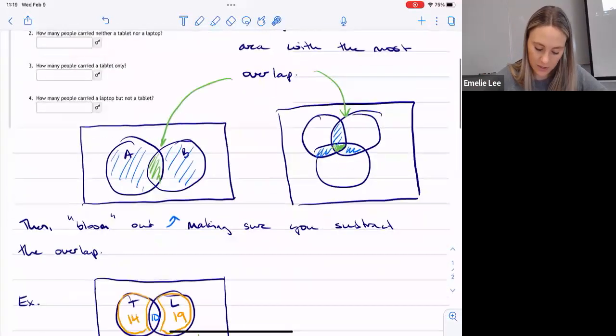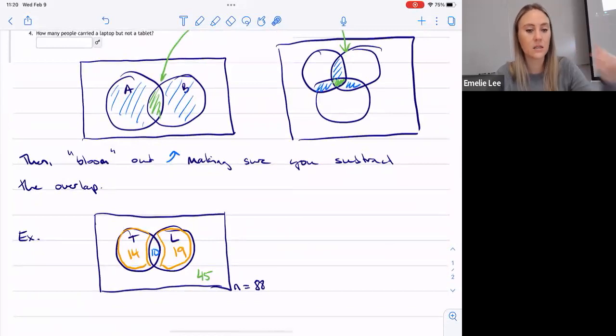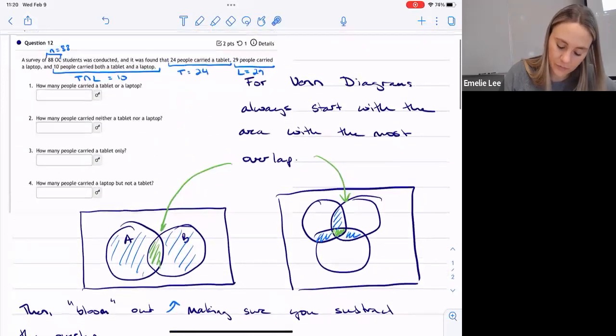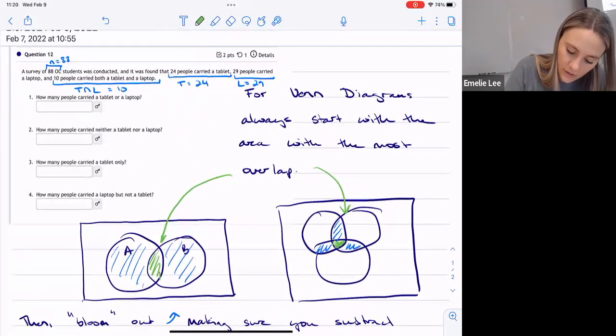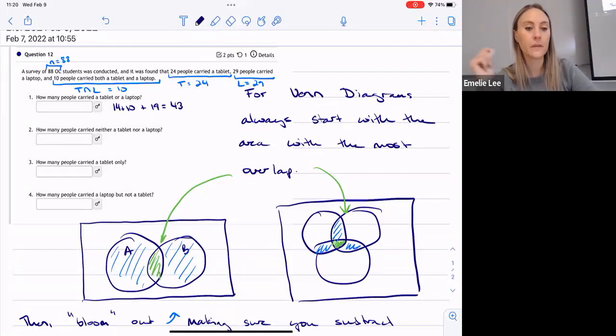And so that's going to be 14 plus 10 plus 19, which is 43. Or you could do 88 minus 45 if you already found that 45.